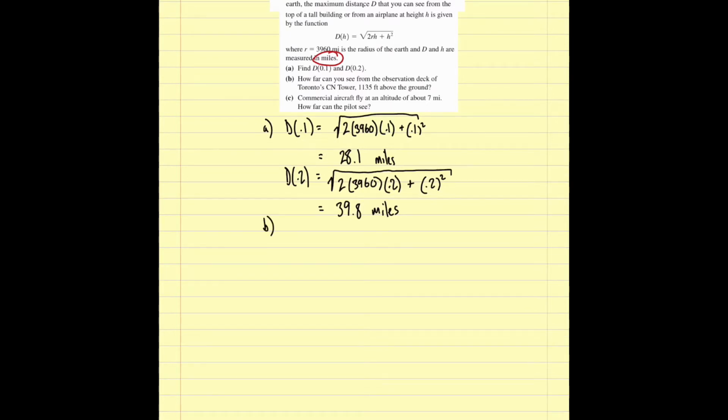Okay, so for part B, how far can you see from the observation deck of Toronto's CN Tower, 1,135 feet above the ground? Like I said, the function is in miles, so we need to convert it.